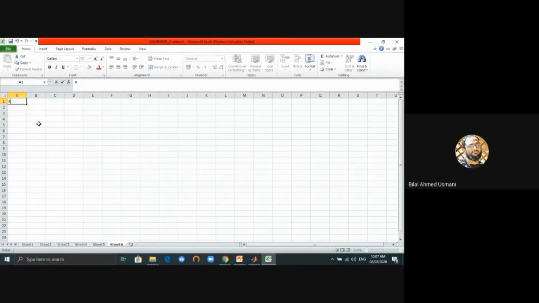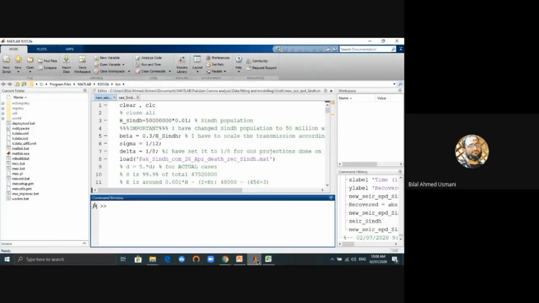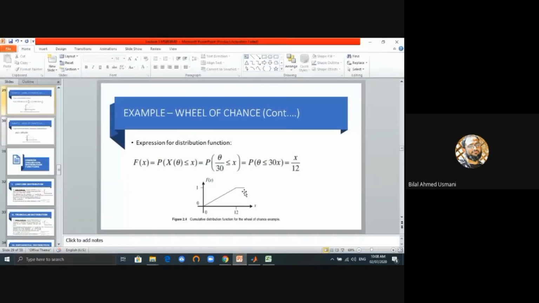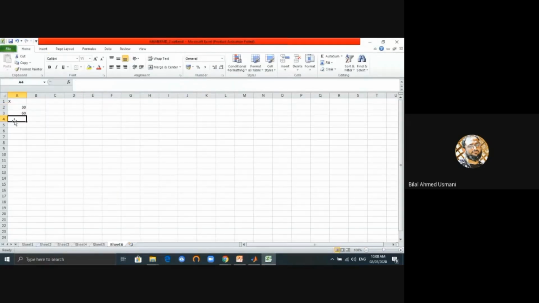So for example, it's a random variable that can take values of 30, and then 90. So these are the angles, and I'm going till 360. And the probability of each is x divided by 12.